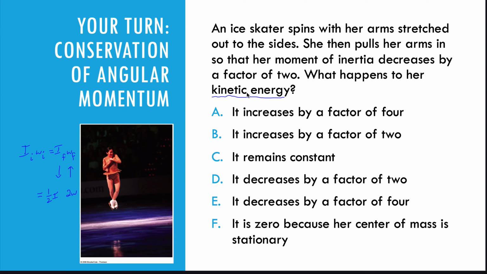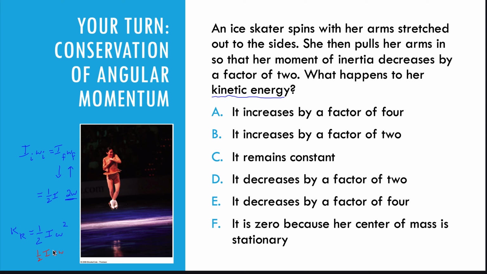However, it asked what happens to the kinetic energy. We're talking about rotational kinetic energy here, since this is an object that is rotating. Rotational kinetic energy is 1/2 I omega squared. So this is a two-step process. The angular velocity doubled, but now if we double the angular speed, what happens to the rotational kinetic energy?